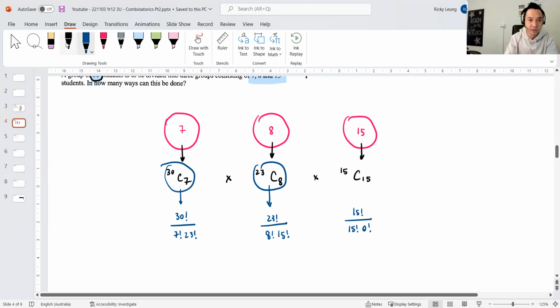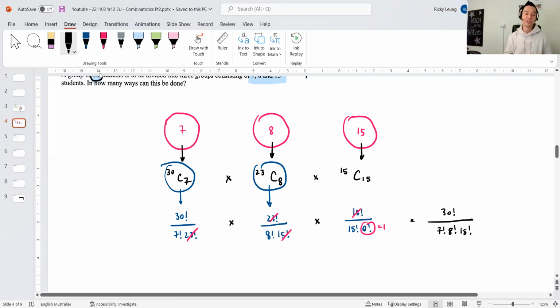But look at this, it's quite nice. So if I multiply these, then you can see that 23 goes away, 15 goes away, this guy is 1. So your final answer is actually 30 factorial all over 7 factorial, 8 factorial, 15 factorial.